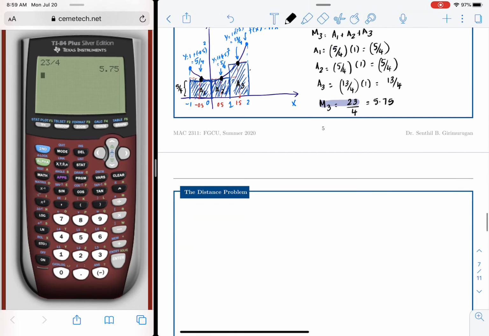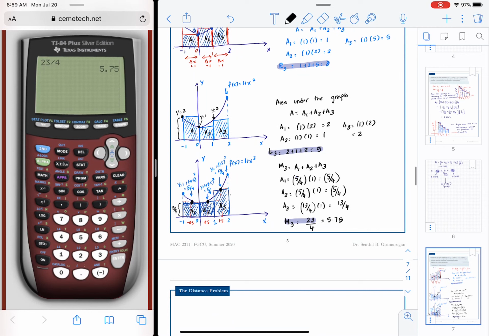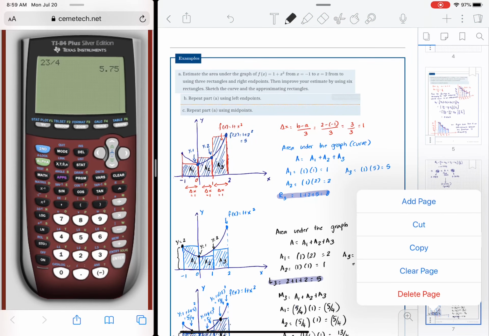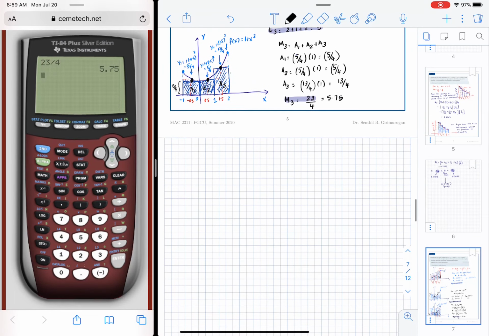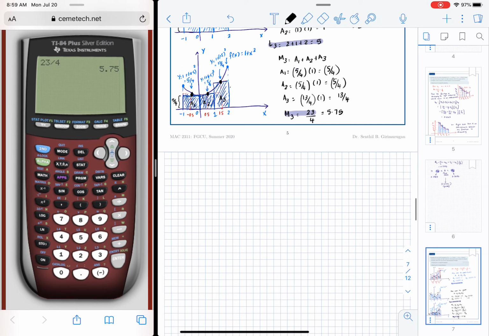So what did we see here? Based on M3, L3 and R3, L3 gives us an area of 5. M3 gave us an area of 5.75. R3 gave us an area of 8.